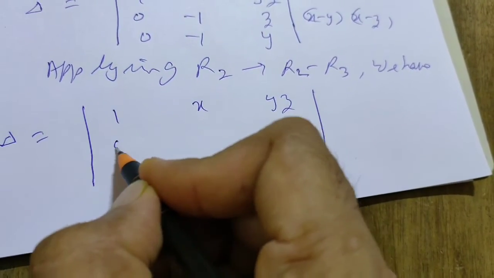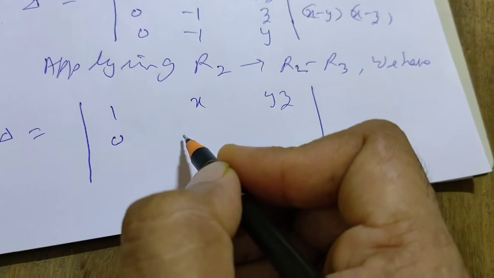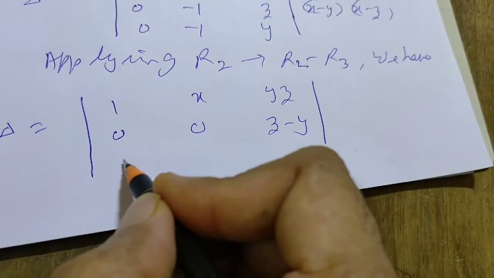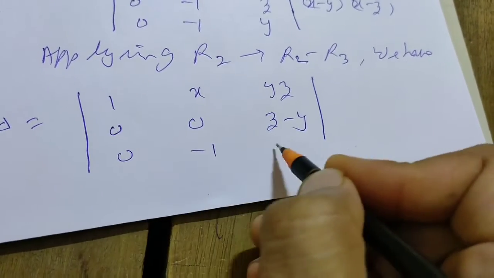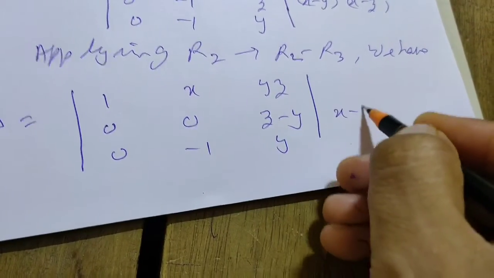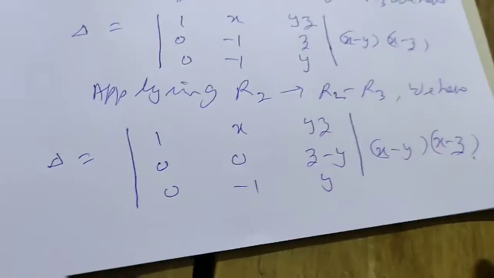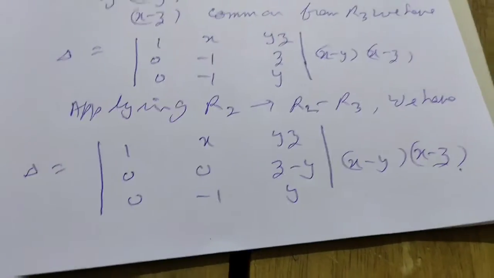Then R2 minus R3, 0 minus 0, minus 1 plus 1, this will become 0, and this will become z minus y. So 0, minus 1, y. Here we are having x minus y, x minus z. So this is what we have got here.